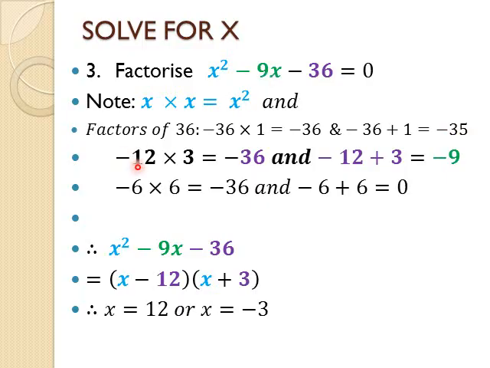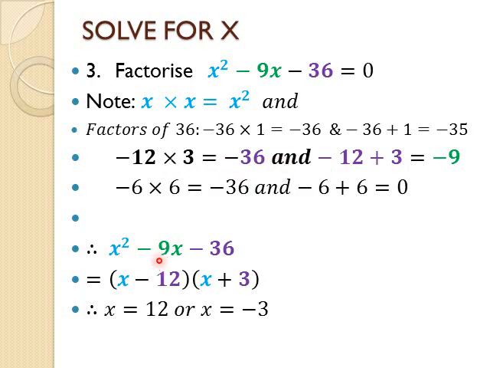If I say minus 12 times 3 gives me negative 36, and at the same time minus 12 plus 3 gives me negative 9. So that second one gives me the middle term. If you look at the third one here, minus 6 times 6 would give me minus 36, but minus 6 plus the 6 would give me 0. So the only factors I can use is the one here in the second row.